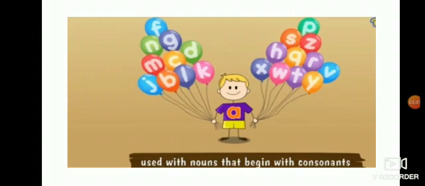So, when do we use a, children? Before consonant sounds, you have to use a. For example, a bus, and it is singular in number. Remember that you have to use it for singular.